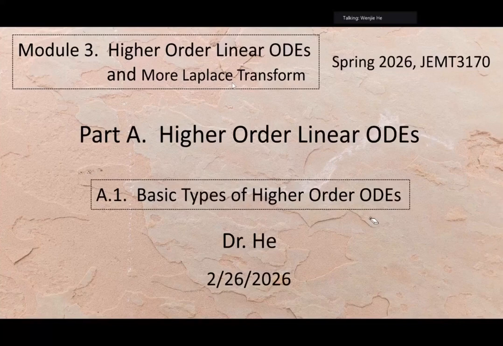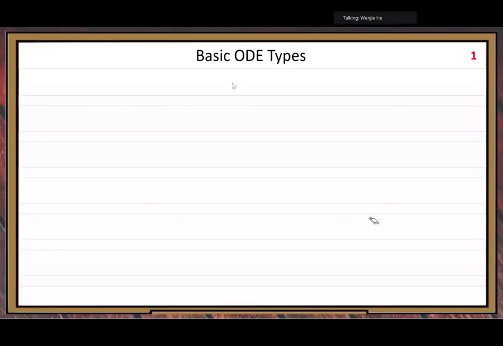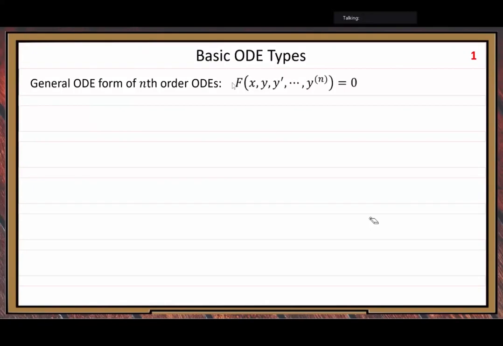First, Part A, higher order linear ODE. 8.1, basic types of higher order ODEs. Let's look at the general form of nth order ODEs. Capital F function, very general.